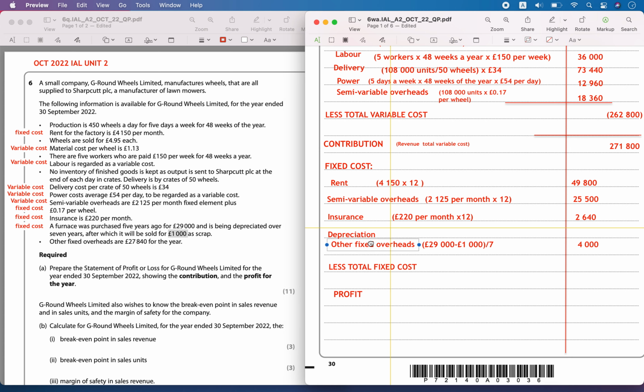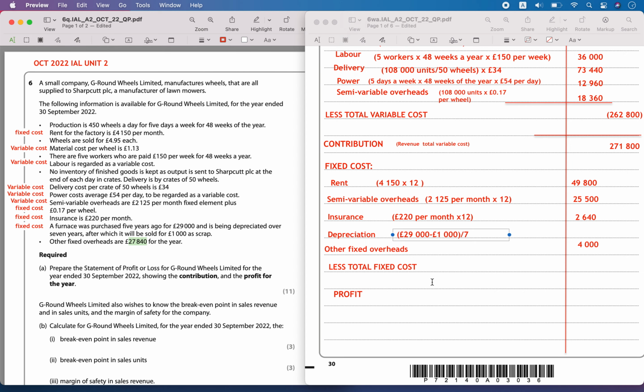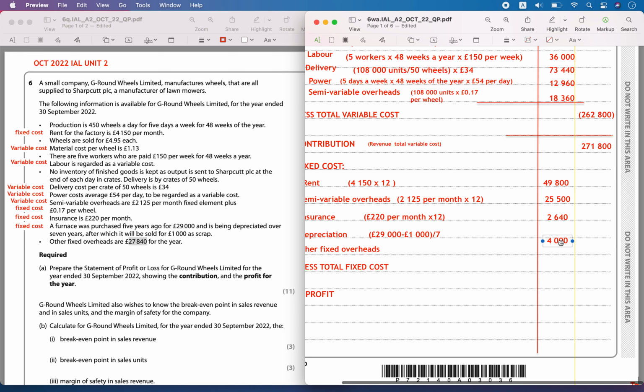Then there are other fixed overheads. Other fixed overheads are 27,840 for the entire year. This you can write directly. Now let's add up the total fixed cost.